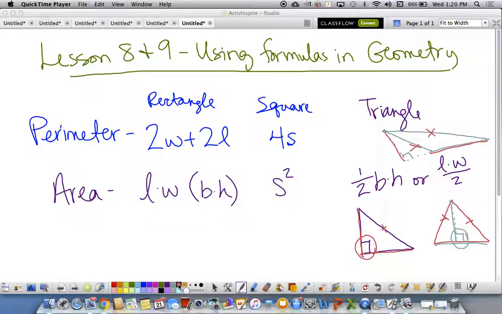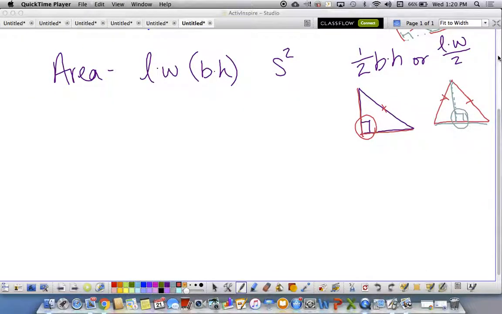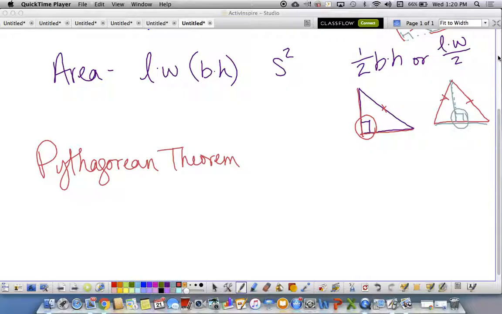Something else that we talk about with triangles. More specifically, right triangles. Do you remember a wonderful thing called the Pythagorean theorem? I think I spelled that correctly. The Pythagorean theorem, only used with right triangles.